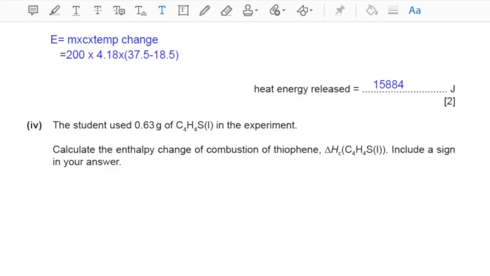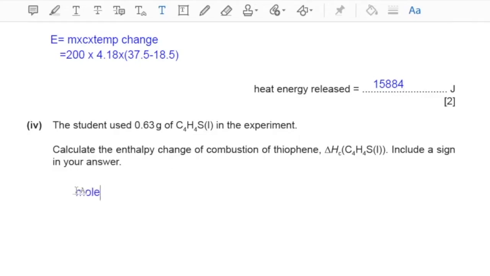Part 4. The student used 0.63 grams of thiophene in the experiment. Calculate the enthalpy change of combustion of thiophene. Include a sign in your answer. Okay, so the first step is to calculate the number of moles of thiophene being used up in the experiment.